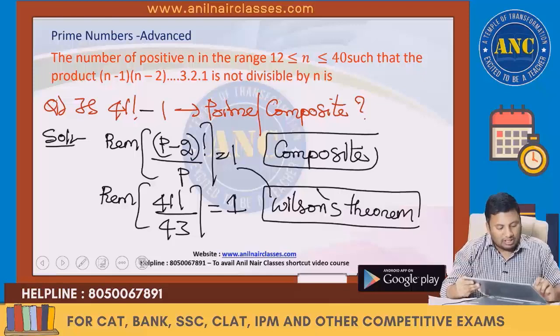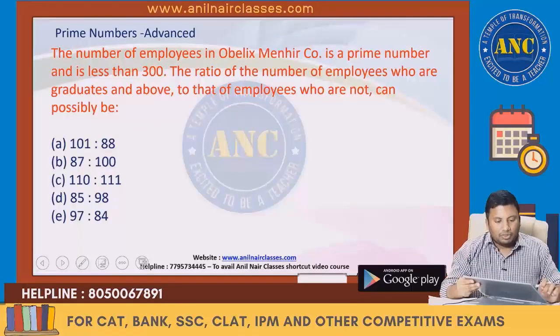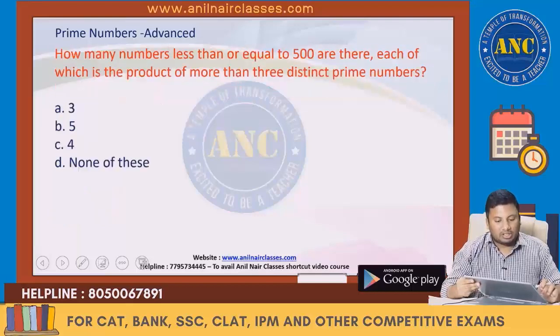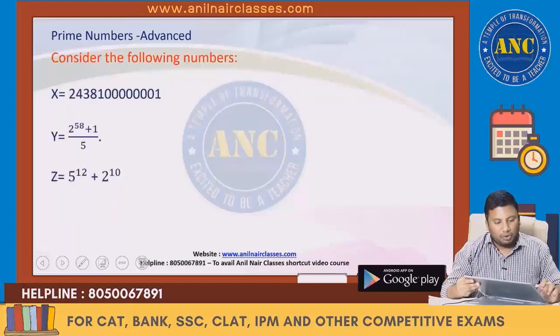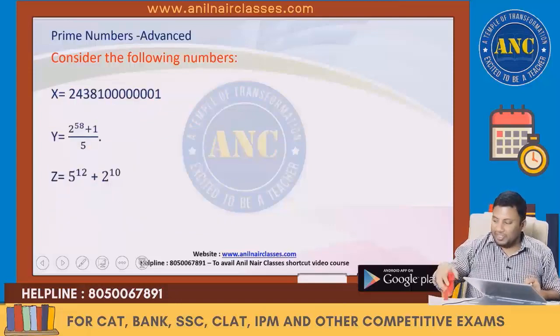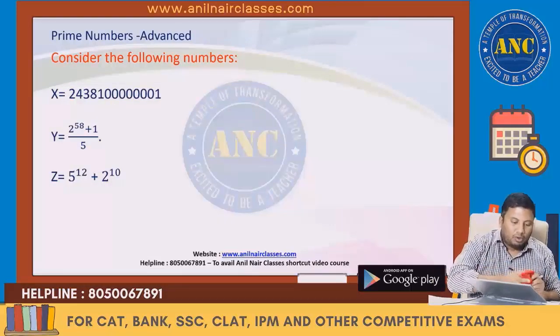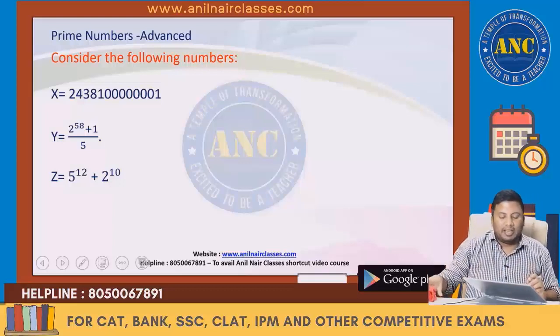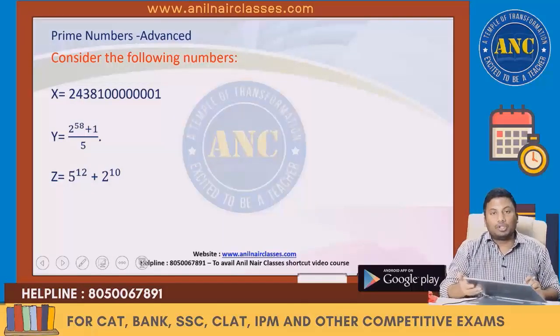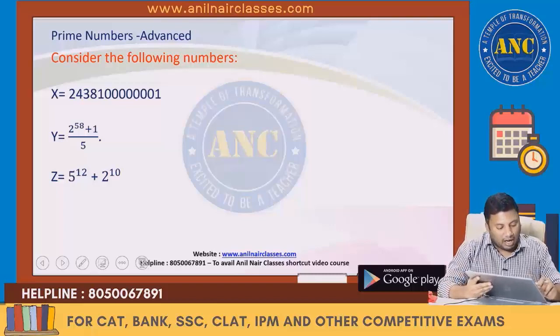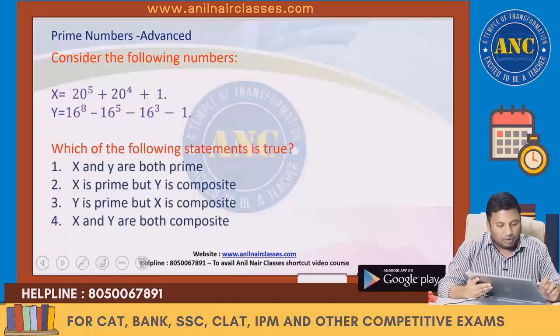I hope this idea is clear. This question we have already solved. All these beautiful questions are there. Try this question in the meantime: 243 8 1 followed by 8 zeros ending with 1. How to check whether this number is prime or composite? High level questions we are going to discuss.